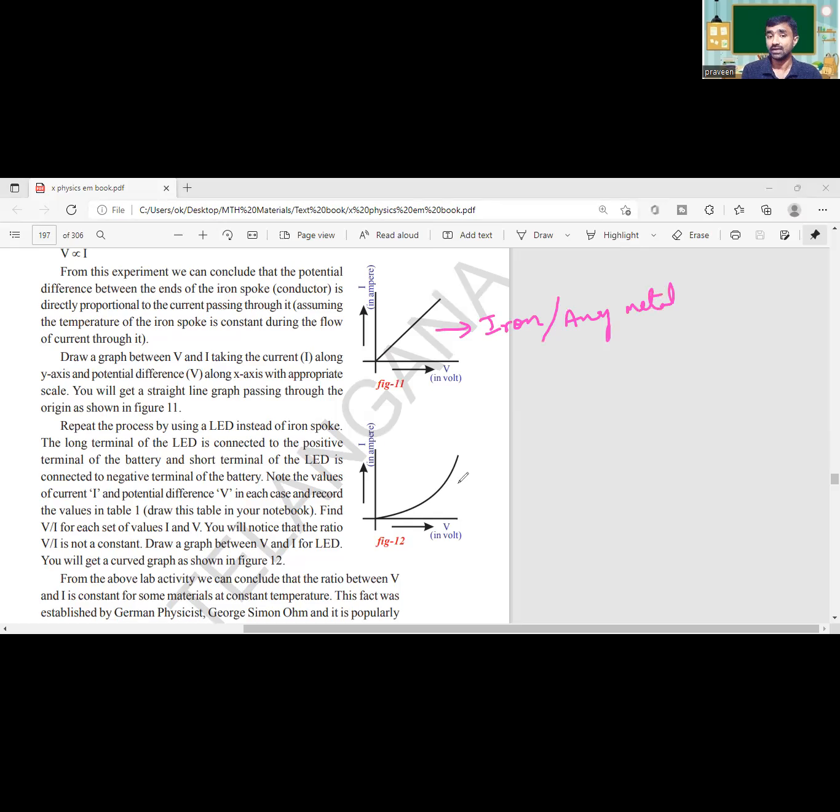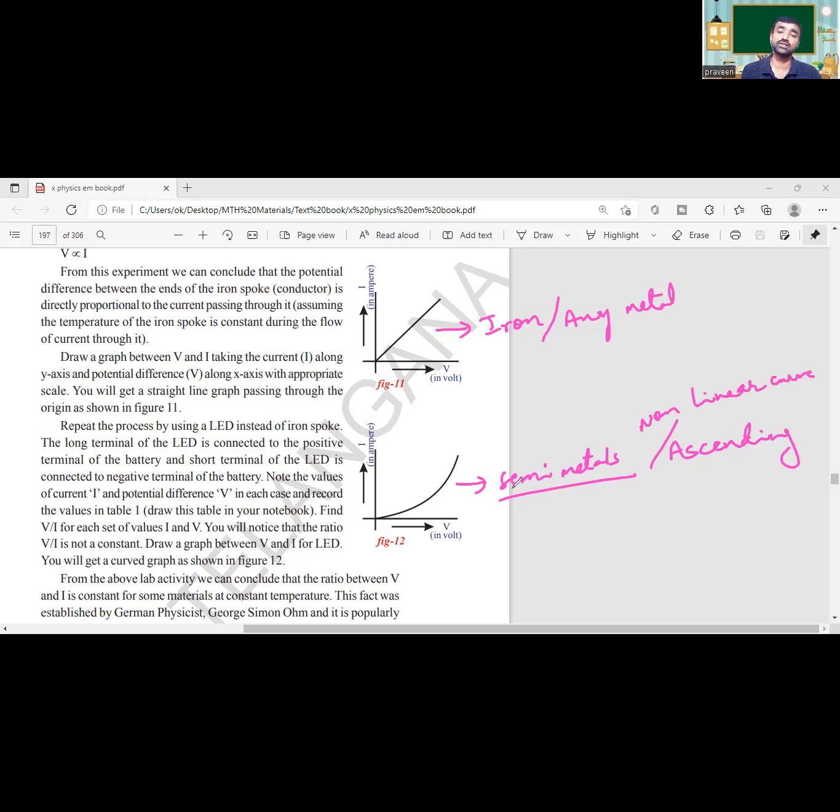In the case of semi-metals, you will find this graph as an ascending curve, a non-linear curve.